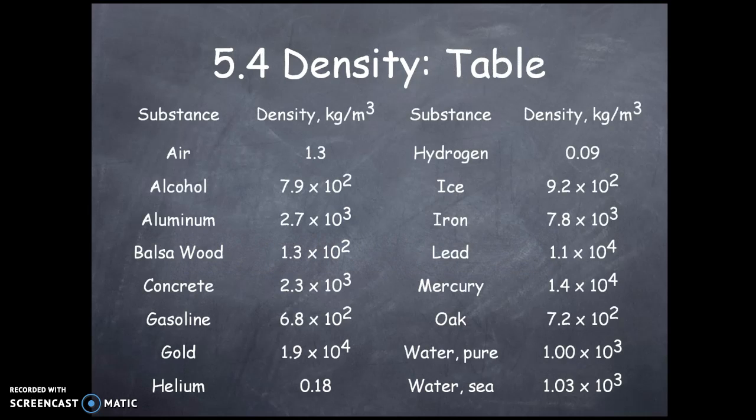You can see the density is based on the material it is made of rather than the size or shape of it. That's why we are not talking about a cylindrical gold or a circular gold. We're just saying gold. This is the density, and lead, this is the density. So it is independent of the size or shape. It is just dependent on the material it is made of.